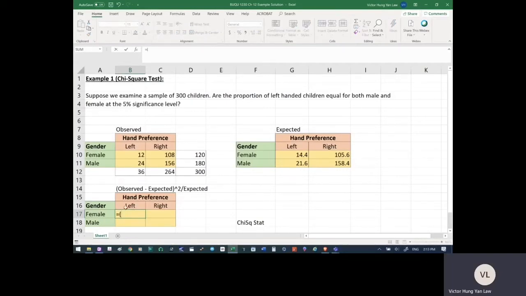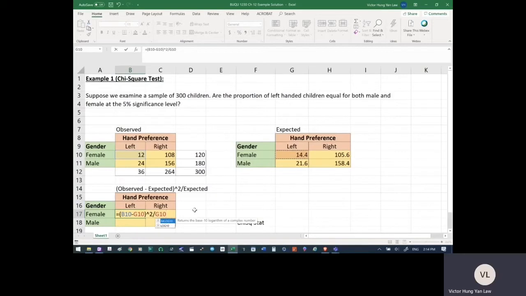The female left hand observed is 12, minus the expected 14.4, so B10 minus G10, where G10 is 14.4. We close the bracket and square it, to the power of 2, so ^2. Then we divide by the expected, 14.4, which is G10. This is the formula that you need to set up.